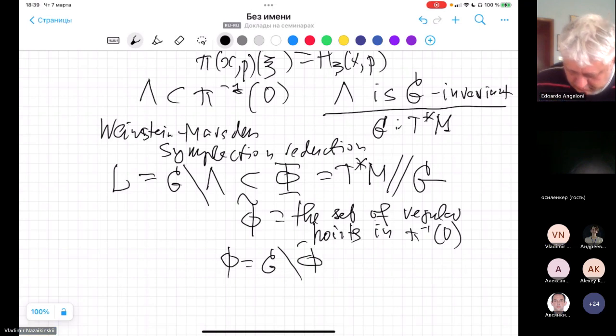I take the space of orbits under the G action. This is a symplectic manifold. So we obtain a construction which is as follows.